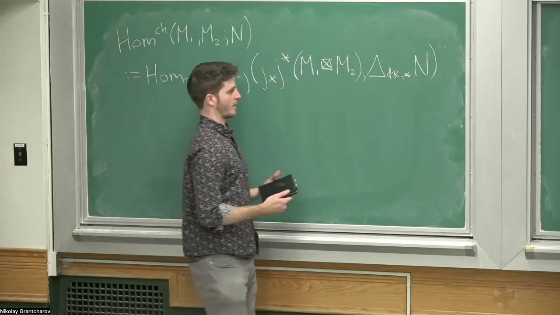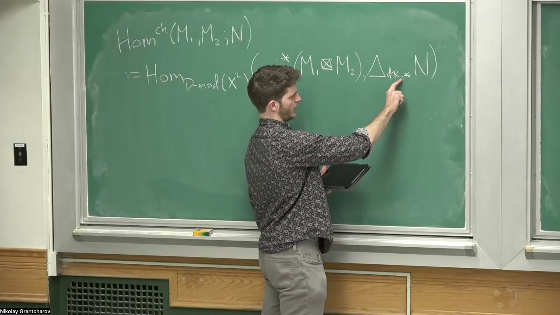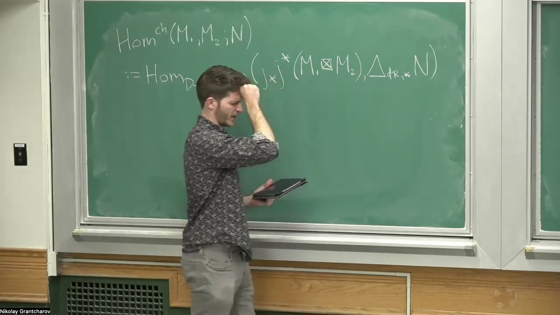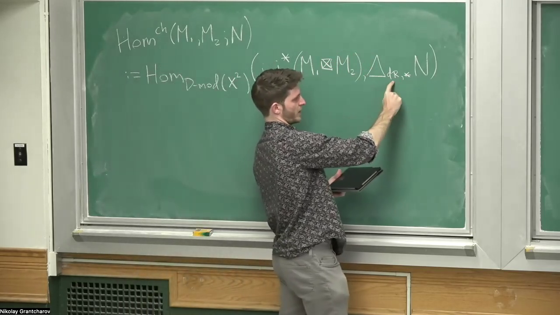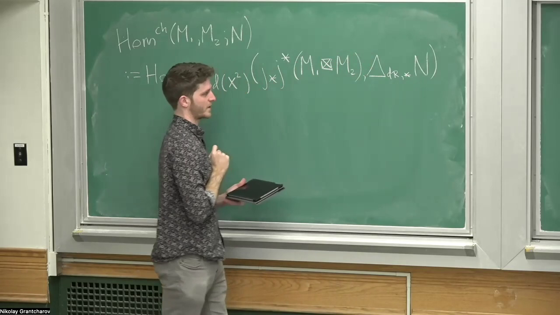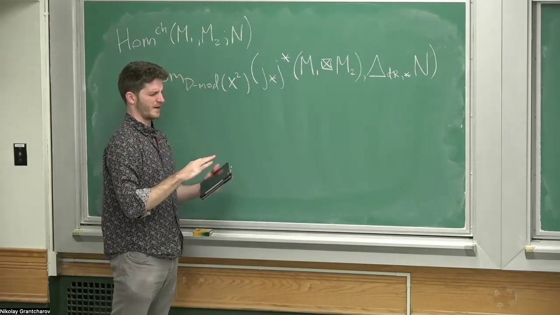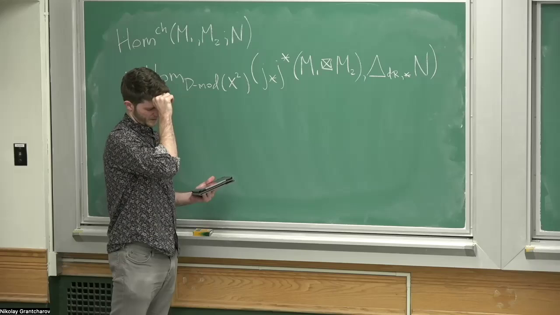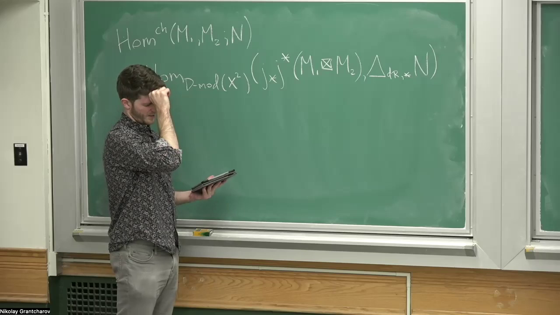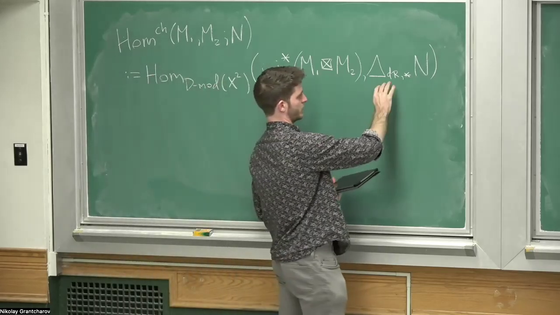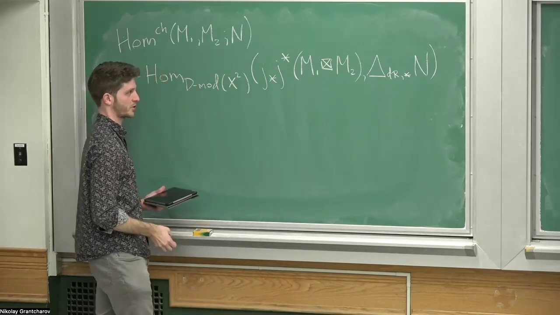It's much bigger than the quasi-coherent direct image, because if I took the usual direct image of quasi-coherent sheaves, I wouldn't be able to differentiate sections, so this thing is necessarily larger.